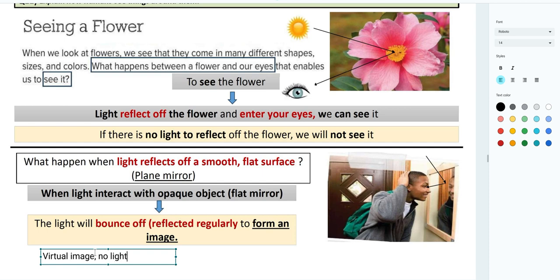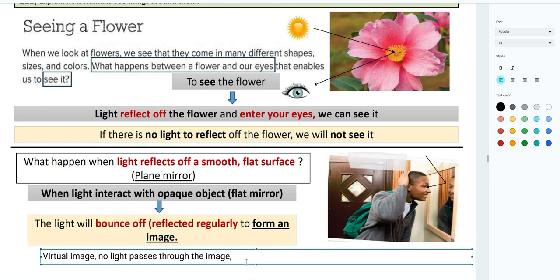So no light passes through the image. The image is behind the mirror.